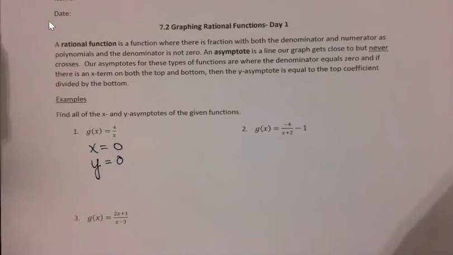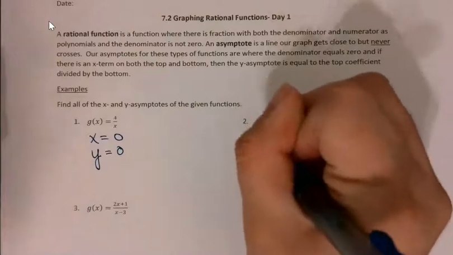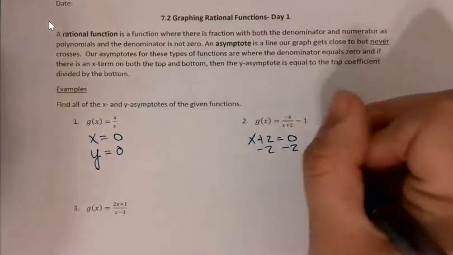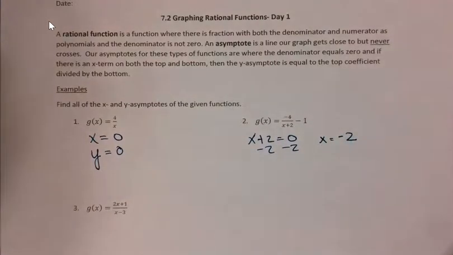So, moving on to number 2, for my x asymptote, I take x plus 2 and set it equal to 0. I subtract 2 on both sides. X equals negative 2 is my x asymptote.